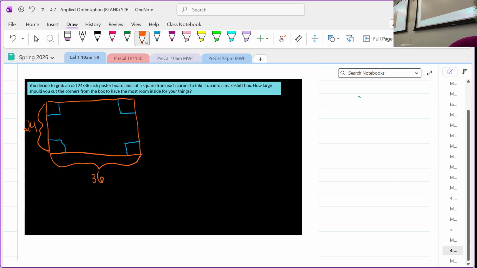So I know each side of the square, I'm just going to call that X just to give it a label. And now, remember, I drew in the folds. Now I made some funky diagonal folds. We don't need to copy those parts down.